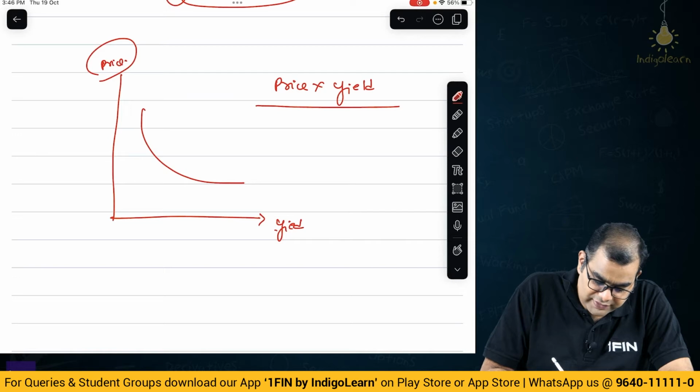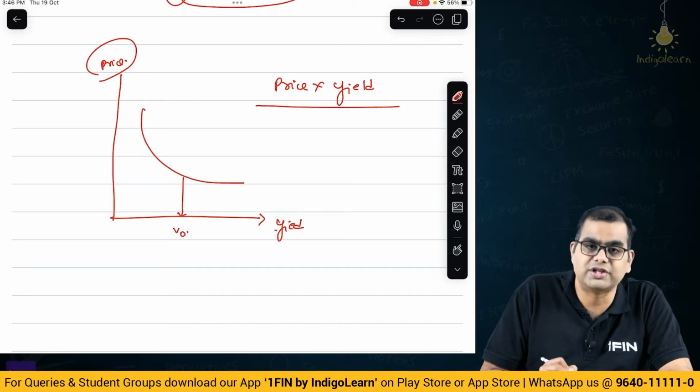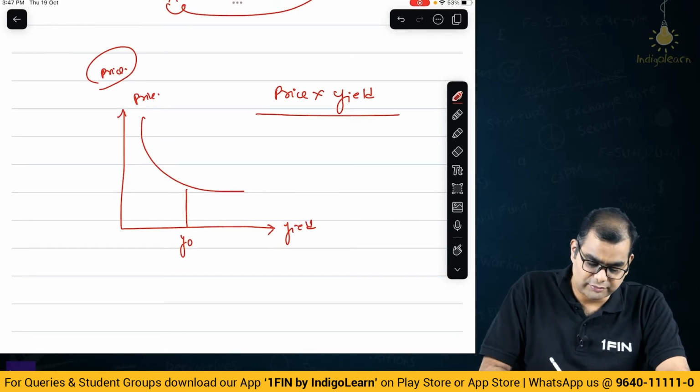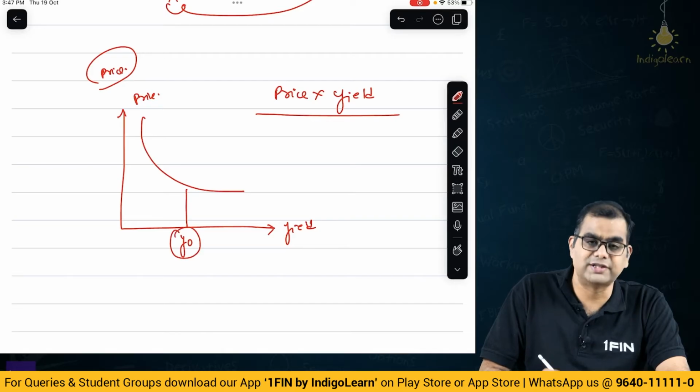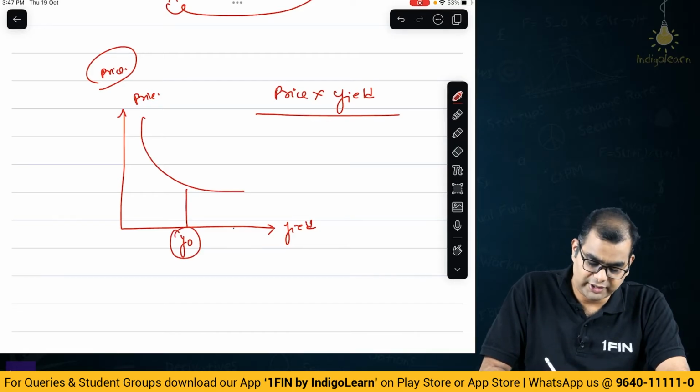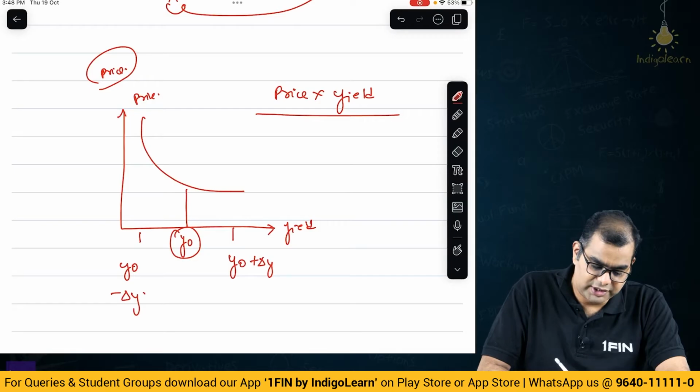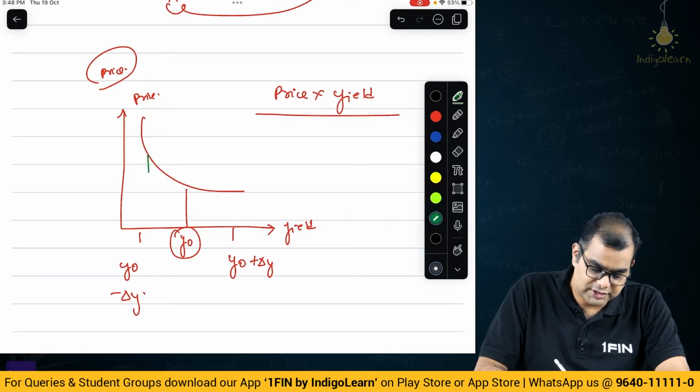Let us say this is yield y0, the initial point. Now you have another point here and another point here. This is y0 plus delta y and this is y0 minus delta y. At these two points, the price is different.